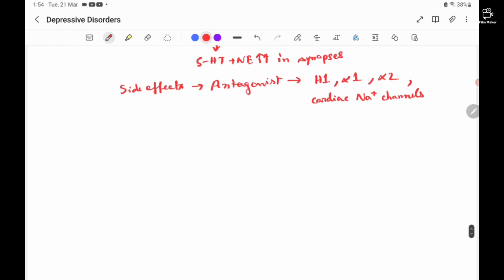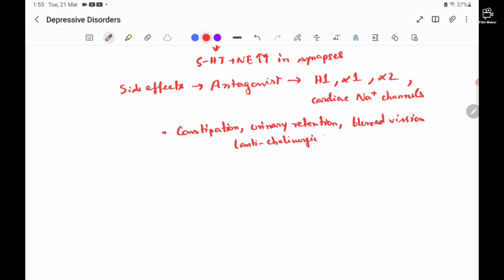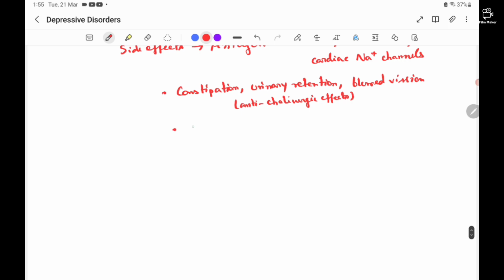Now, what are the side effects? Side effects: constipation, urinary retention, blurred vision. These are due to the anticholinergic effects. What else? There can be postural hypotension due to alpha block.